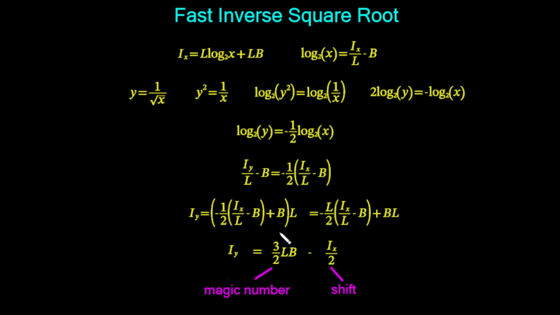And we can generate lots of different mathematical functions. We don't need to generate just y is equal to 1 upon root x. We could go through this same process and generate another approximation to another function. So as I said, this is part of a class of algorithms called shift and add.